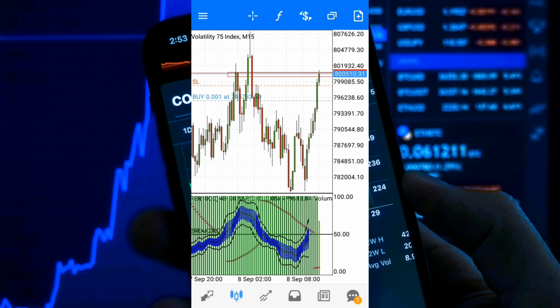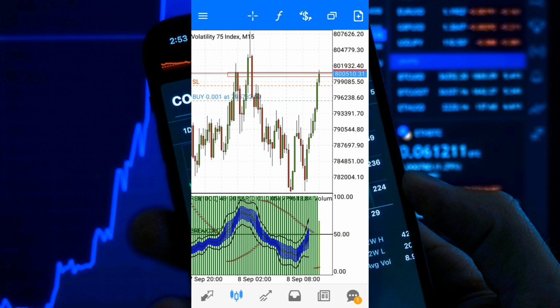So what to do? Make sure you lock your profit so that, as usual, if the market decides to respect this zone as a resistance and it reverses, you will be taken out of the market but still in profits. If it keeps going up, then good for you, good for us. We keep riding the bulls.